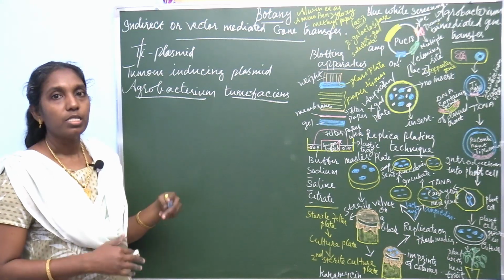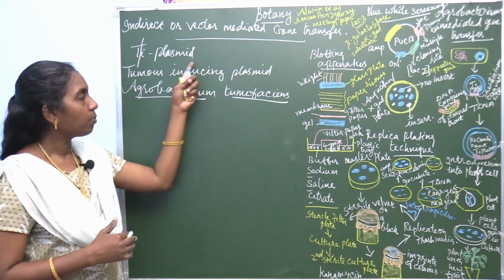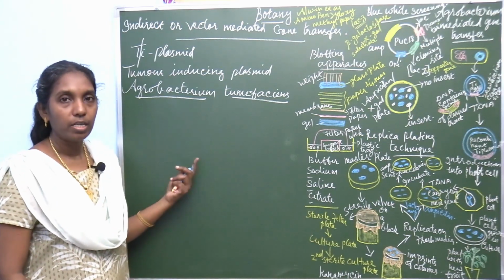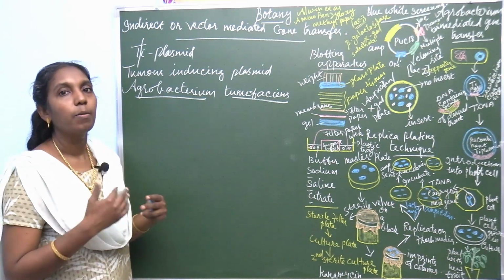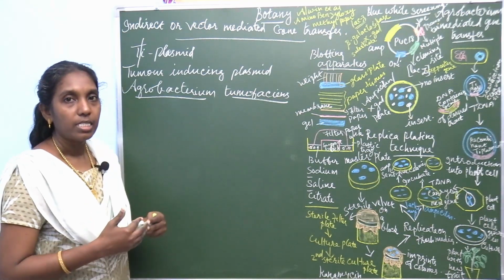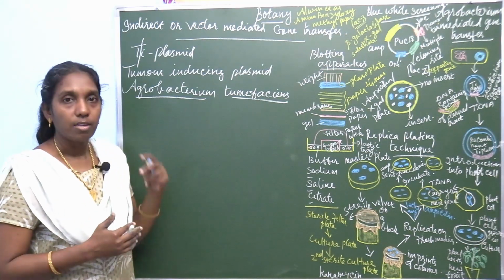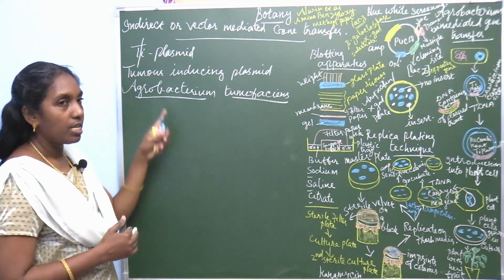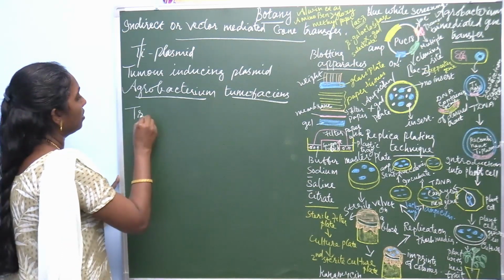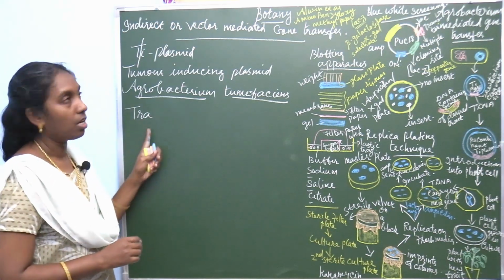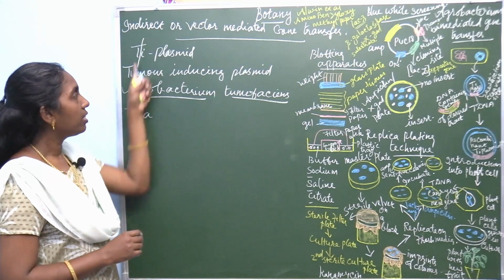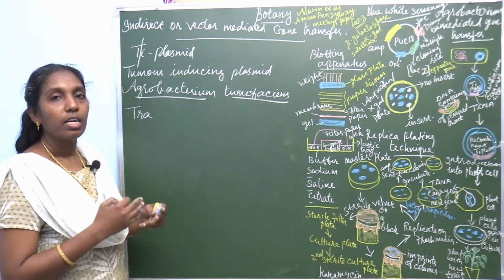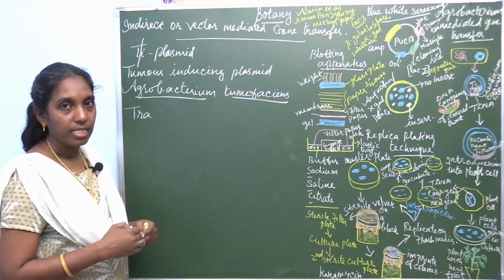This plasmid derived from Agrobacterium tumefaciens is widely used in gene transfer among plants. In plants, the Ti plasmid is extensively used. This plasmid contains the T, the transfer gene, TRA. From this Ti, the T transfer gene is naturally injected into the plant cell.